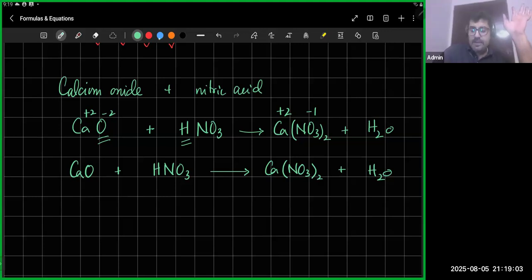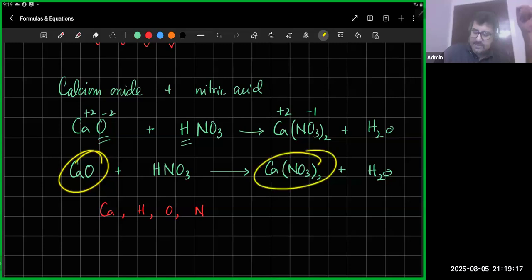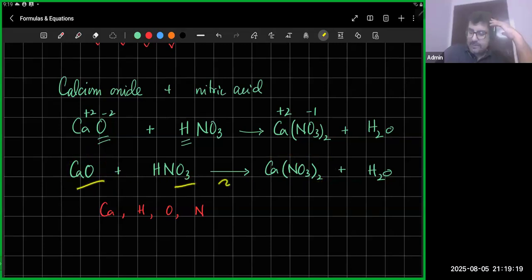Here you have to be careful about which to balance first. You've got calcium, H, O, and N. Calcium is in 2 places. O is in 4 places. It's everywhere, so don't try to balance O first.